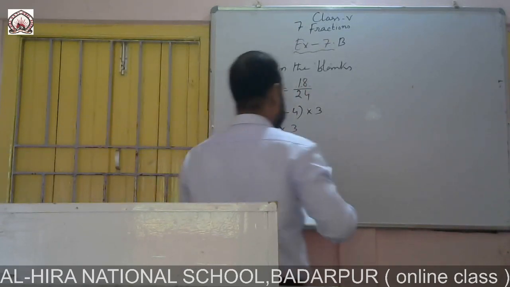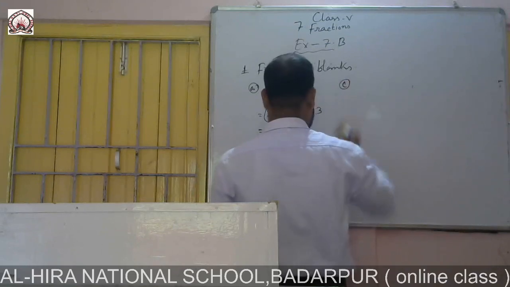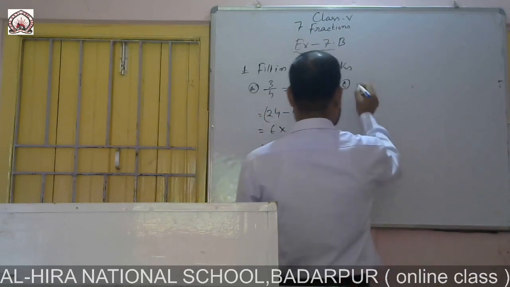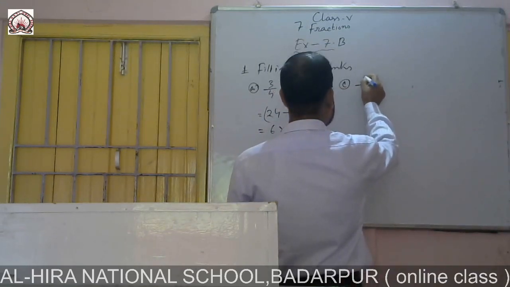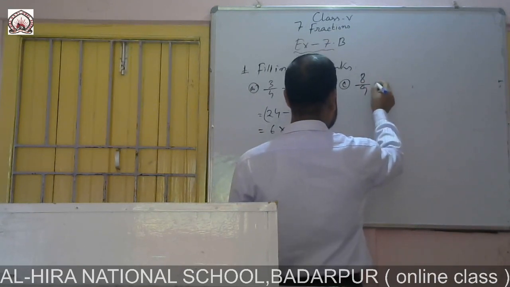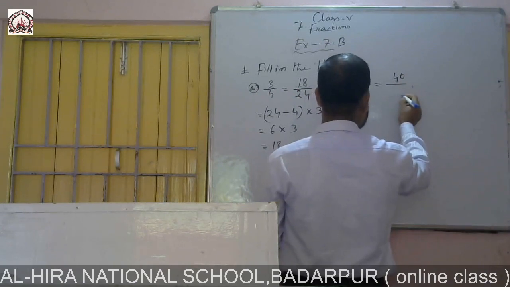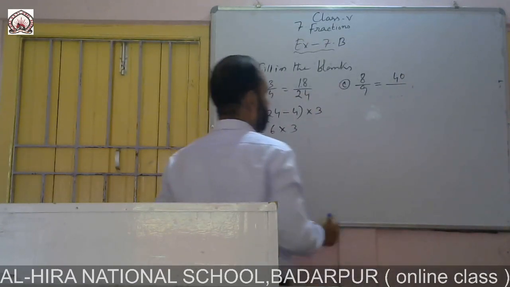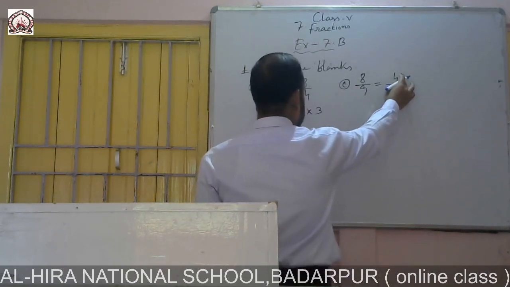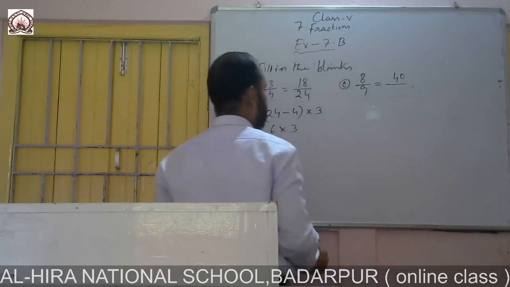Question number C. 8 by 9 equal to 40 by dash. So here also same, there numerator, there we write denominator.